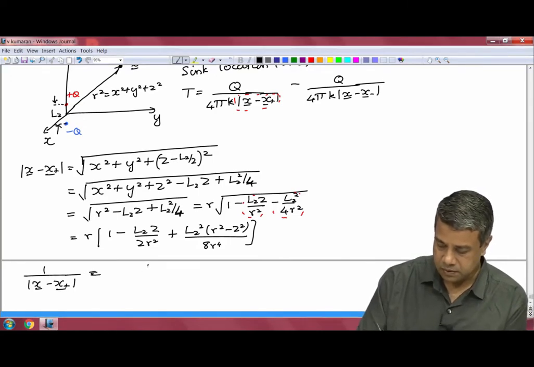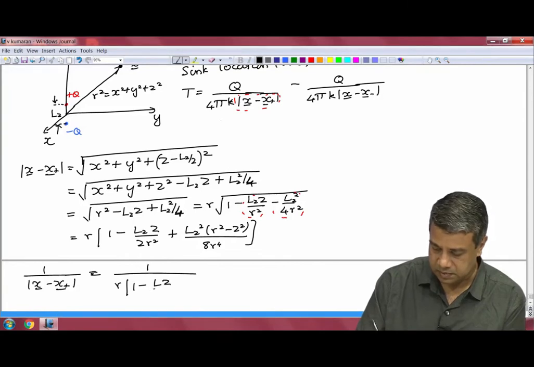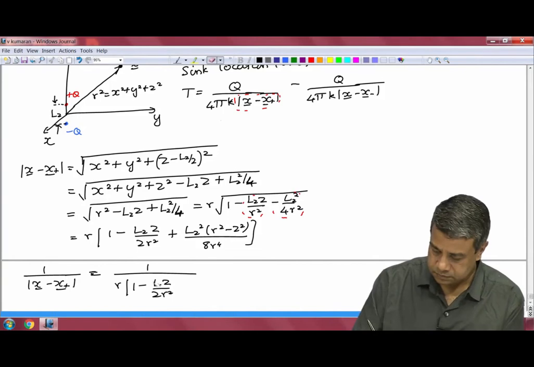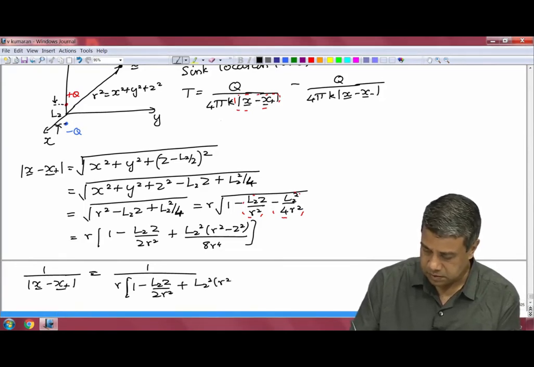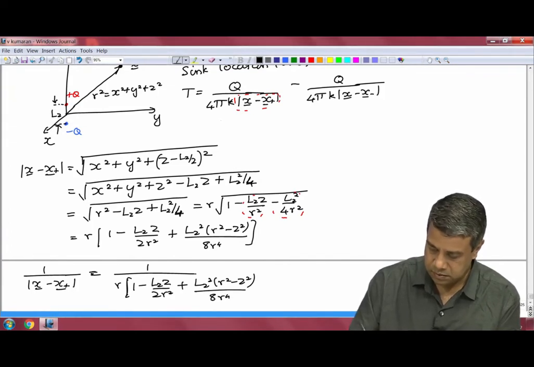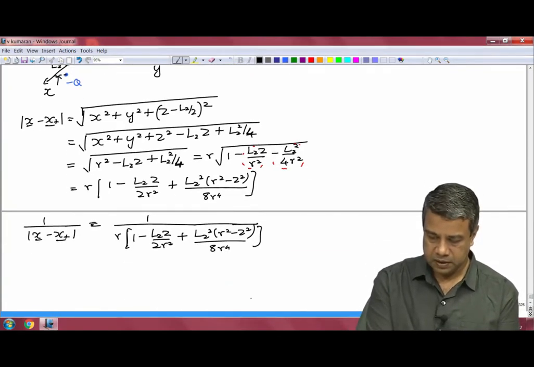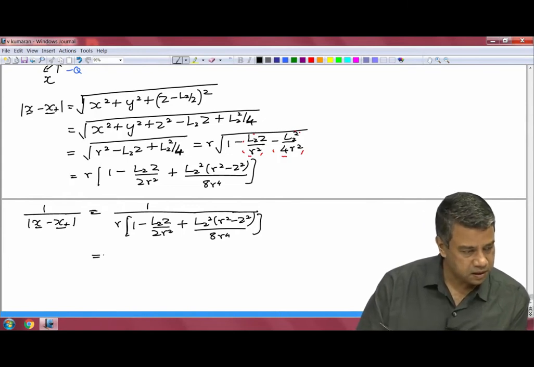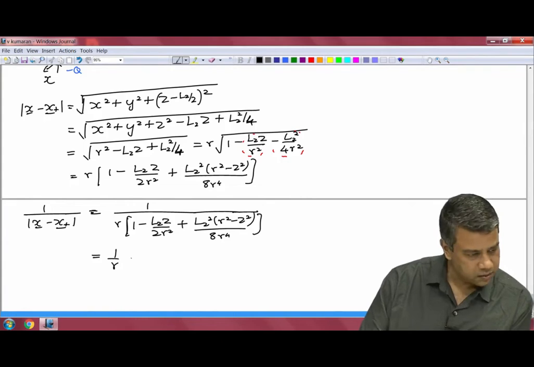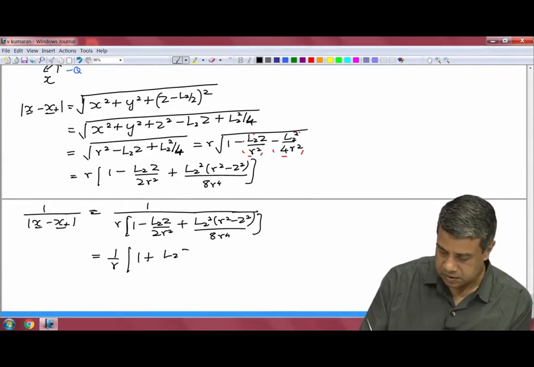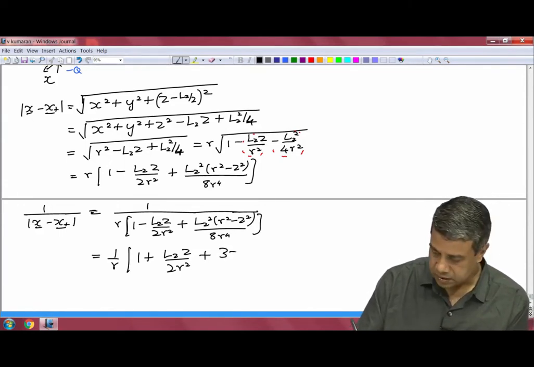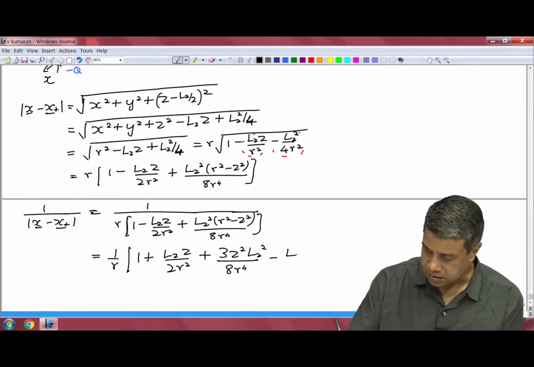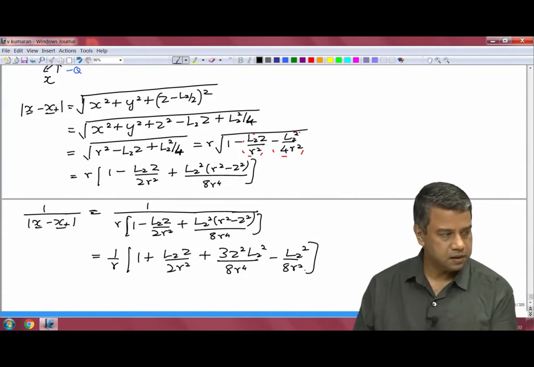This will be equal to 1 over r into 1 minus L z by 2 r square plus, and this also I can expand out in a binomial expansion, and I will get this as 1 by r into 1 plus Lz z by 2 r square, plus 3 z square Lz square by 8 r power 4 minus Lz square by 8 r square. That is by doing the expansion.